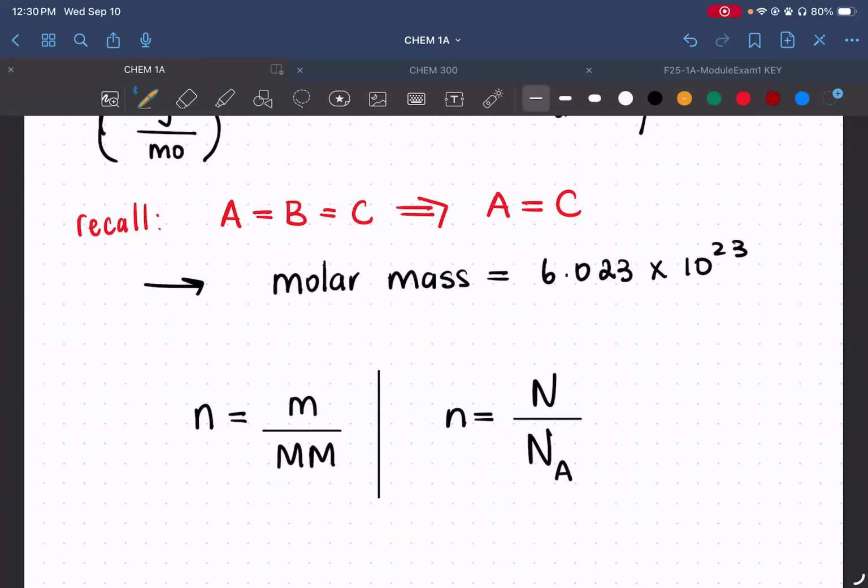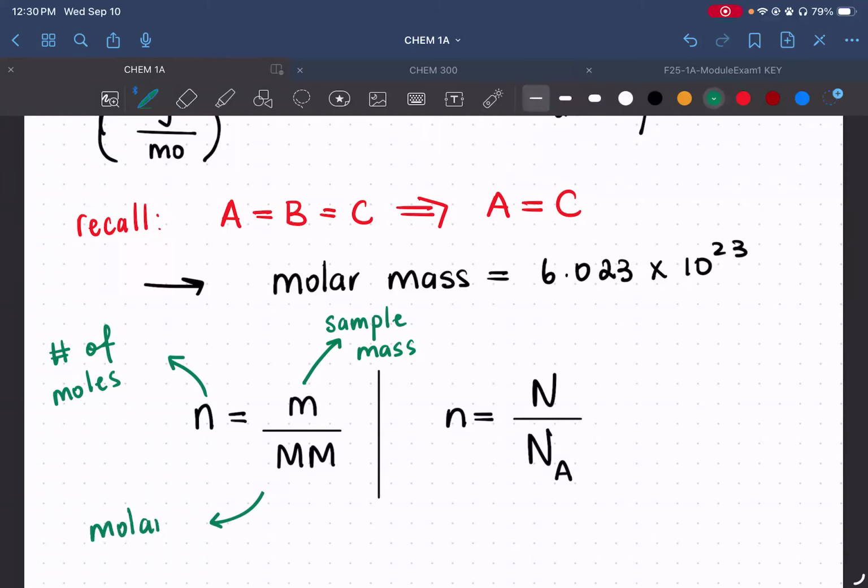I'll define what each of these terms mean. The lowercase n is number of moles. Lowercase m is the mass of the sample. Uppercase M or MM is the molar mass. On the right equation, n again means number of moles.